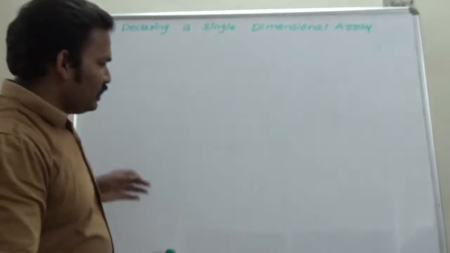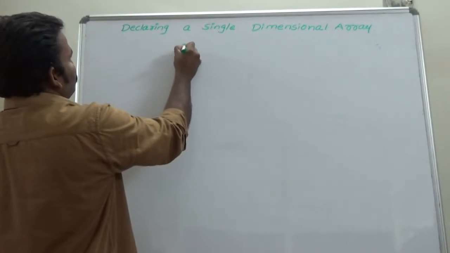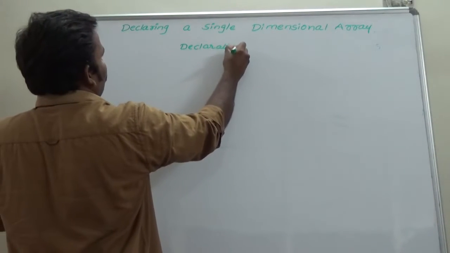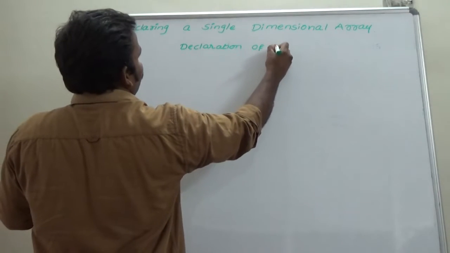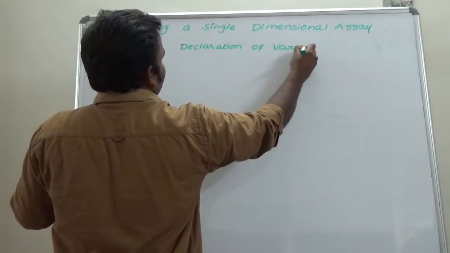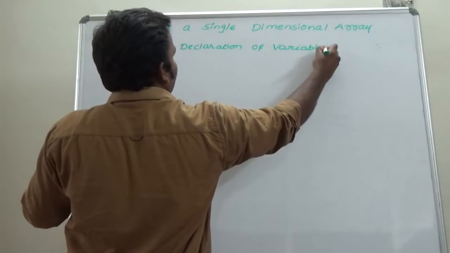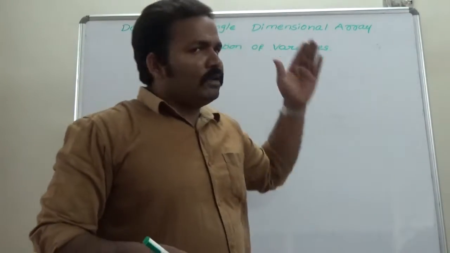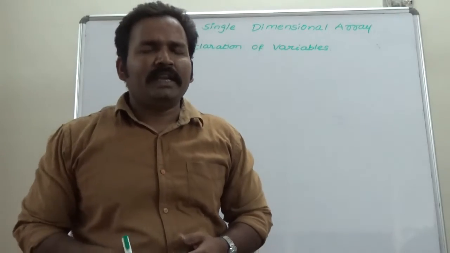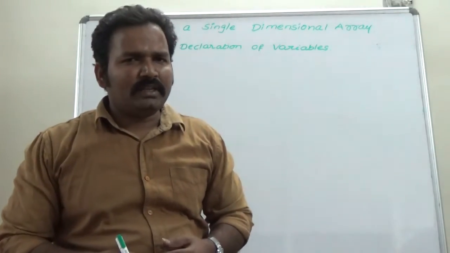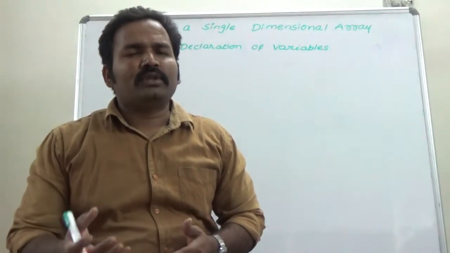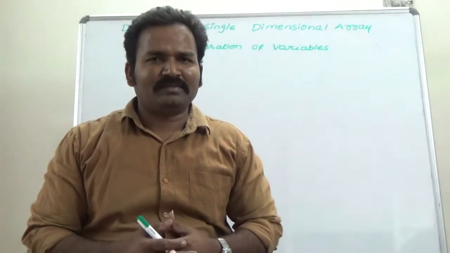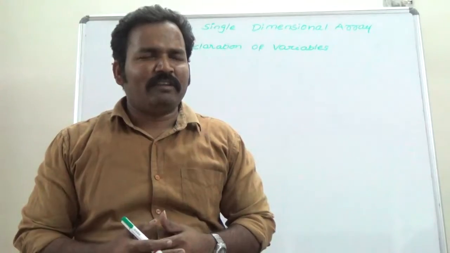Already we discussed declaration of variables. What is a variable? A variable is the name of the memory location which is used to store different data values.